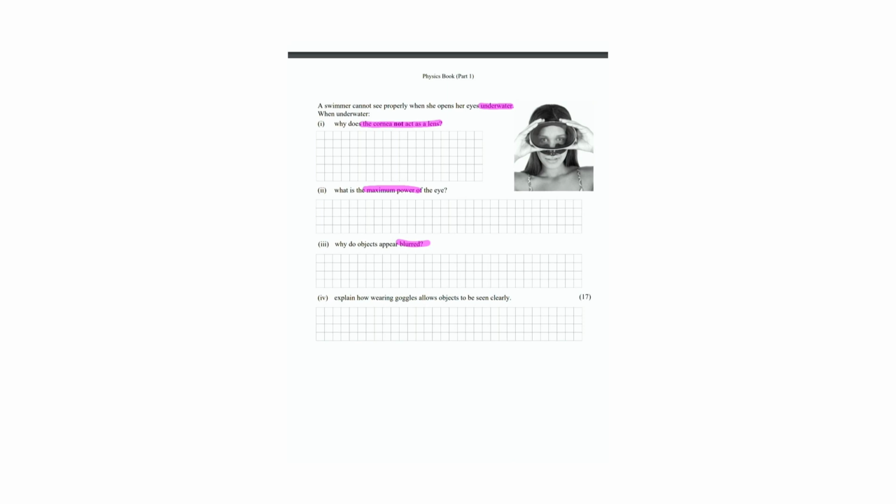Then the final part is, explain why wearing goggles allows objects to be seen clearly. Well, just the fact that she's wearing goggles means there's now a layer of air between her and the cornea. So when the light goes from the air into her cornea, the cornea can now act as that lens. So for 5 marks, what will we say?